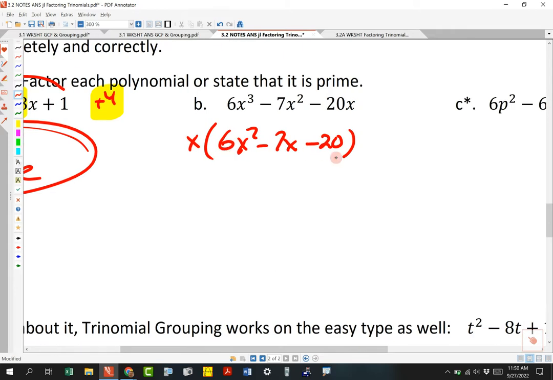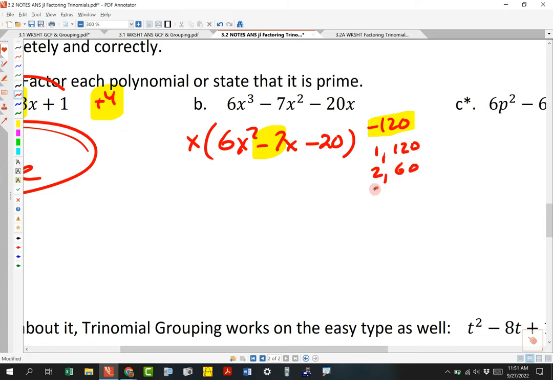6 times negative 20 is negative 120. So I'm looking for 2 numbers that multiply to be negative 120 that combine to be negative 7. 1 and 120? Nope. 2 and 60?